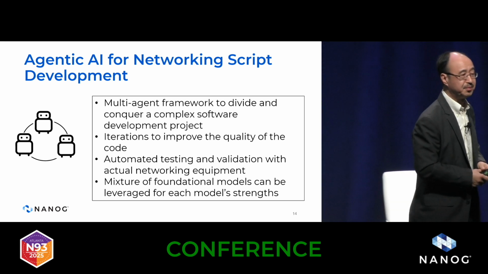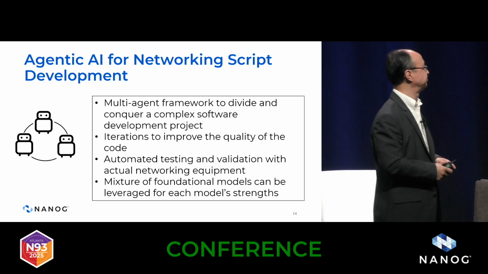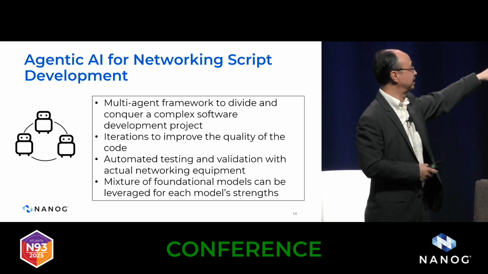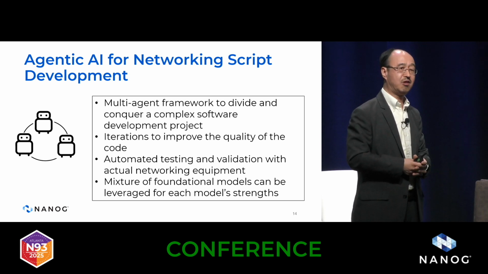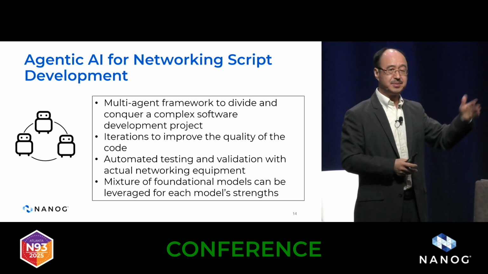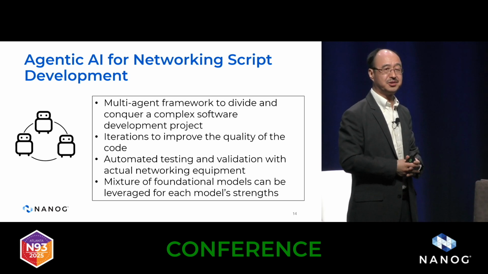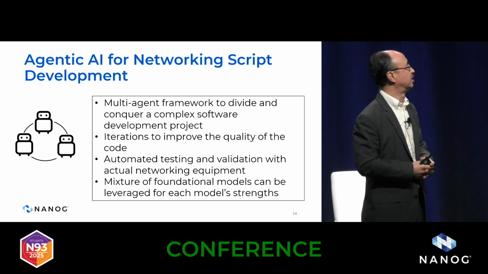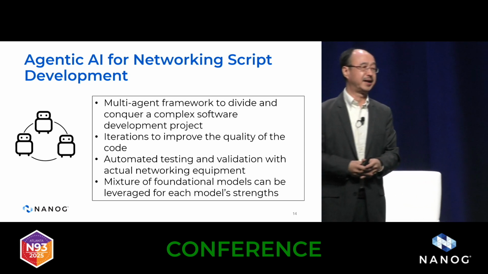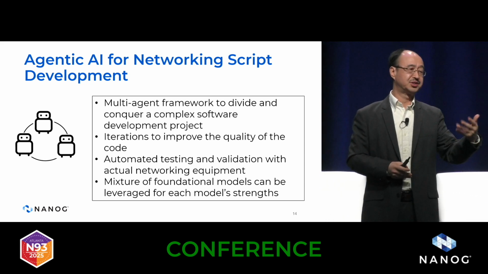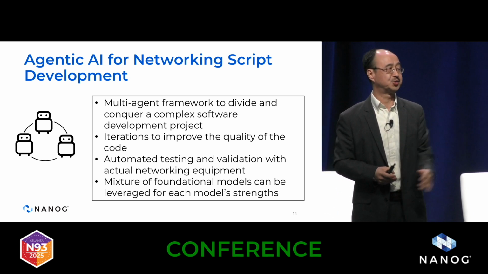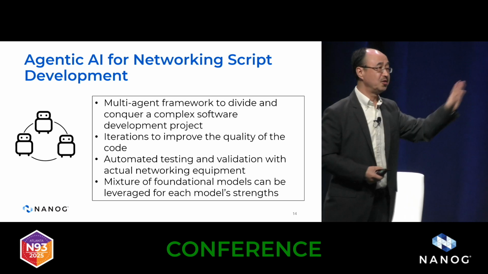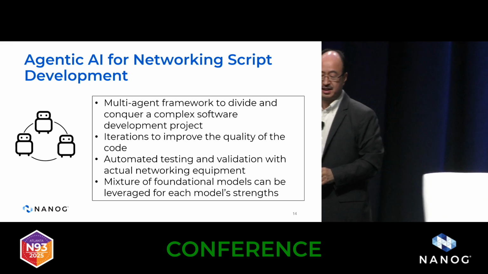It can perform automated testing and validation with networking equipment. We talked all about that. And the last part is, as you heard quite a bit with the DeepSeek R1 series of models, you can use a mixture of models or a mixture of experts to do different tasks based on their strengths and weaknesses. All these are available to the agents as well.